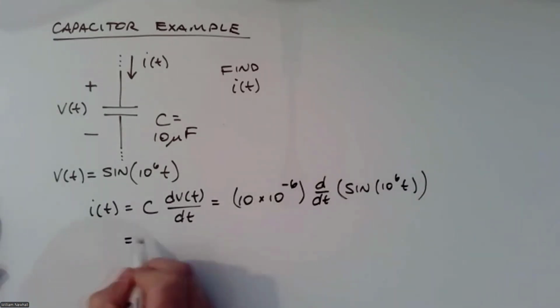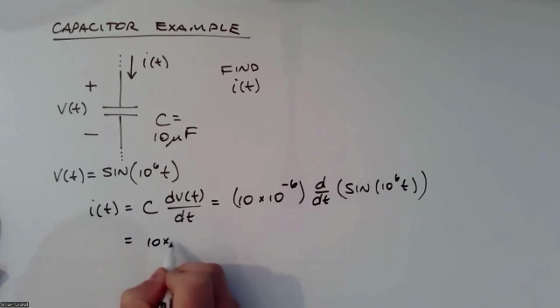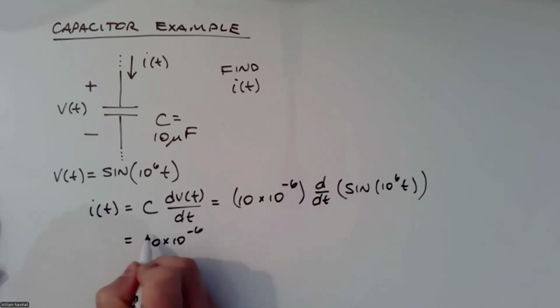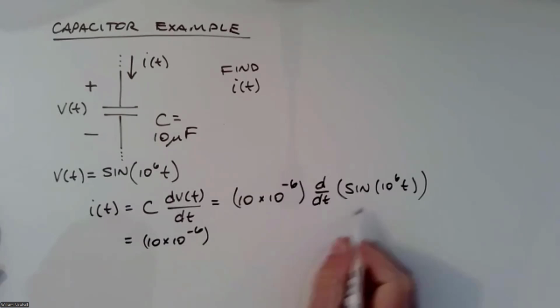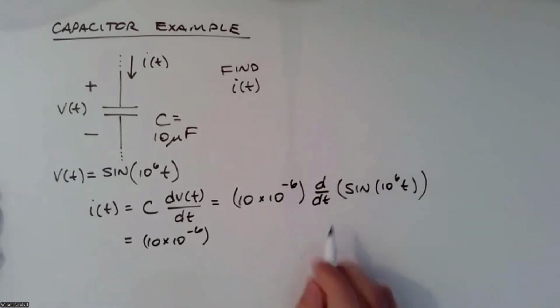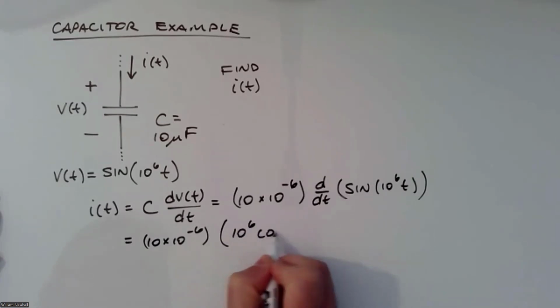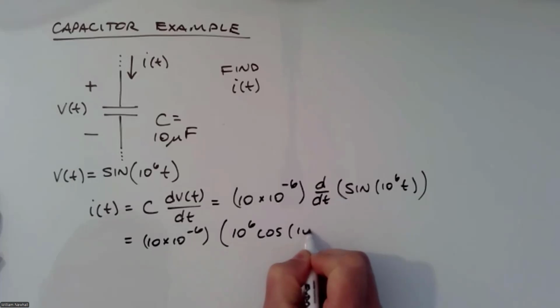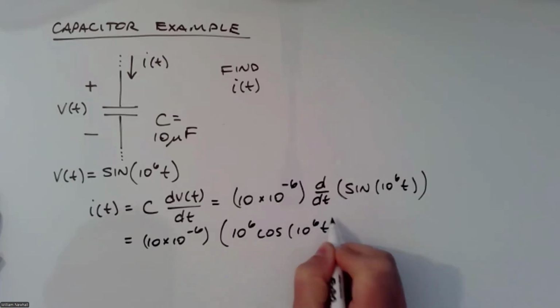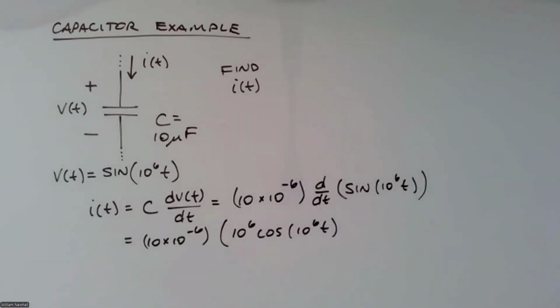Okay, so you get what? 10 times 10 to the negative sixth times the derivative of sine 10 to the sixth t, which is 10 to the sixth cos 10 to the sixth t. So that's the derivative.